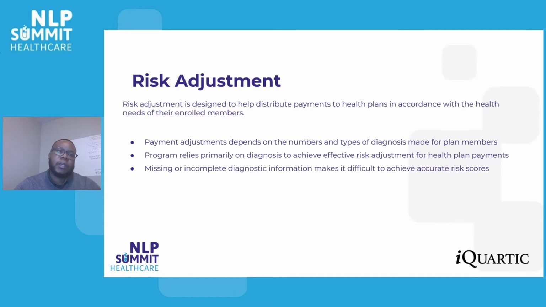Typically we find that claims data excludes approximately 40% of risk-adjusted conditions, because the supporting information that is typically recorded in clinical notes is just not found in claims data.